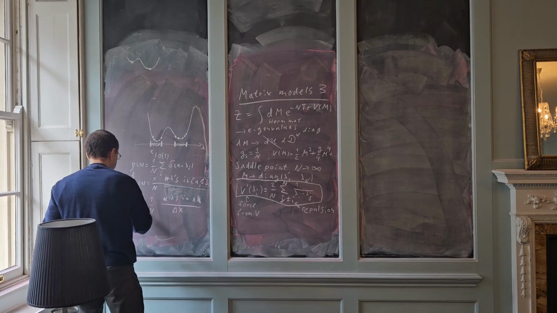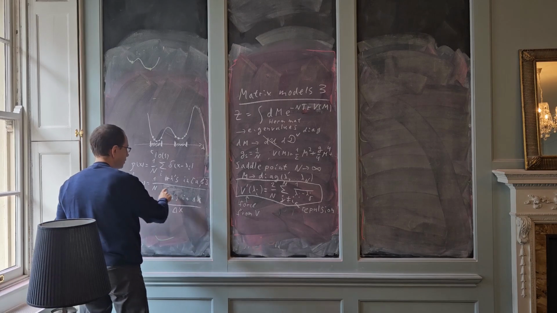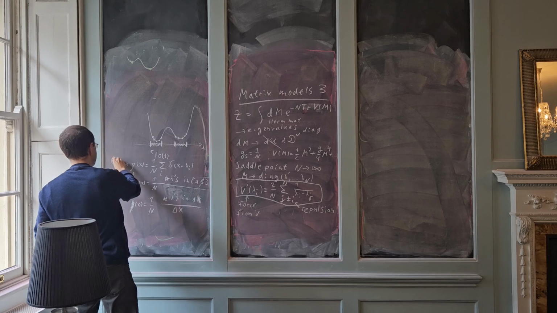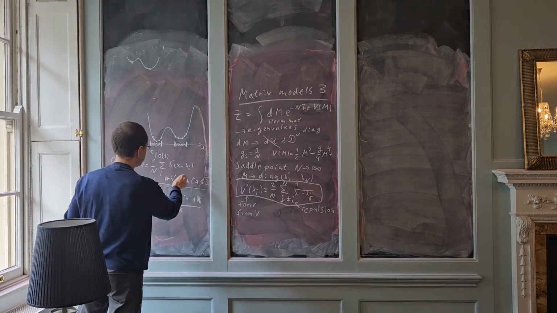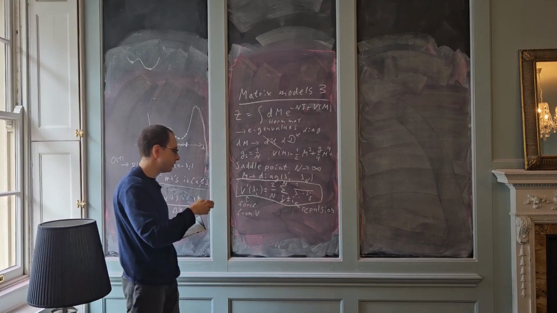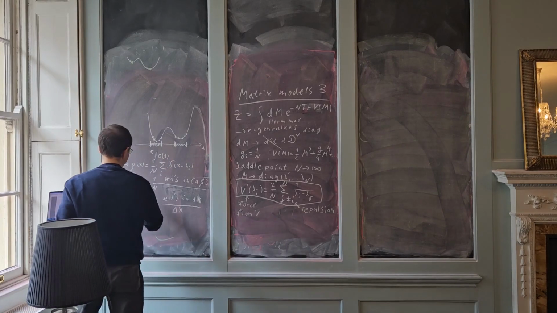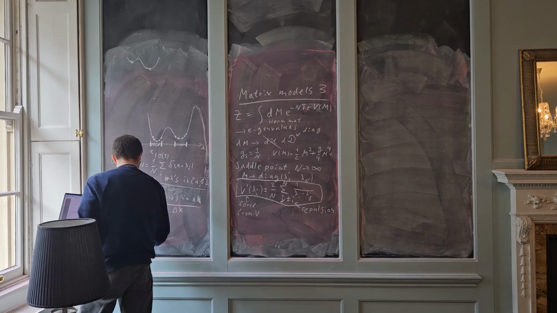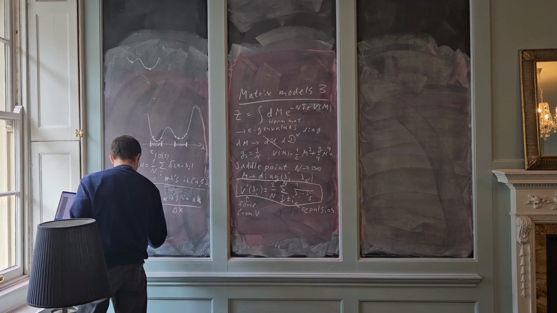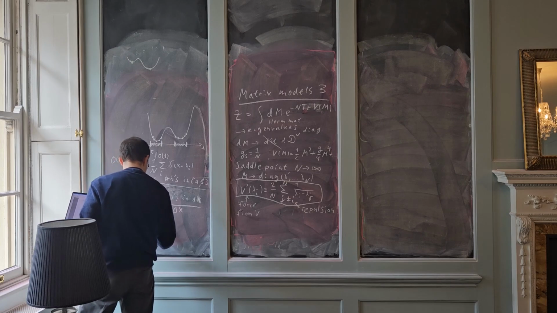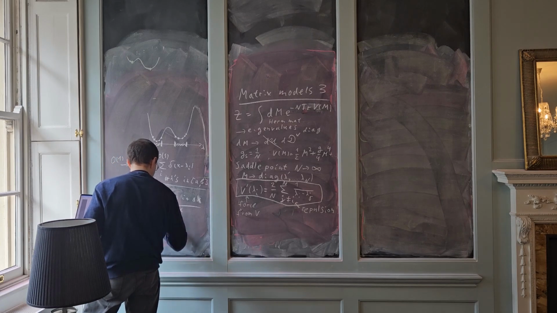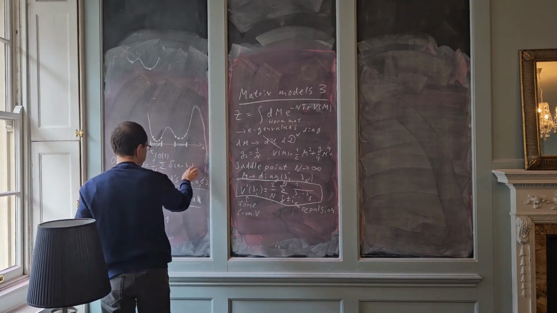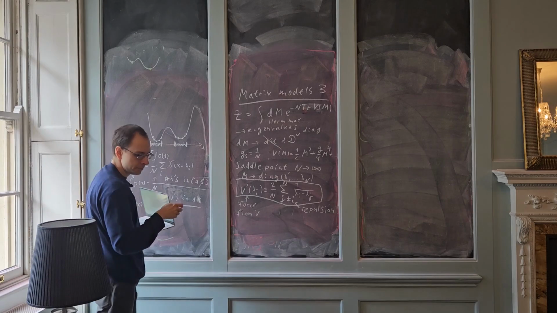We put this 1 over n here so that this quantity is of order 1. There are n delta functions here, but 1 over n compensates that. So in other words, this rho of x for large n is going to be a smooth function with the property that the integral of it is equal to 1 due to this definition. The total number of eigenvalues is n, but cancelled by this denominator.